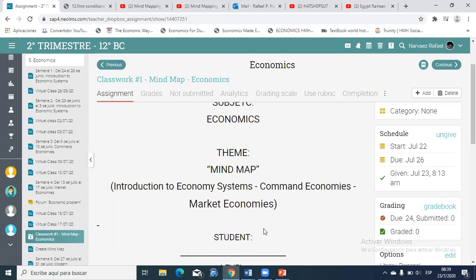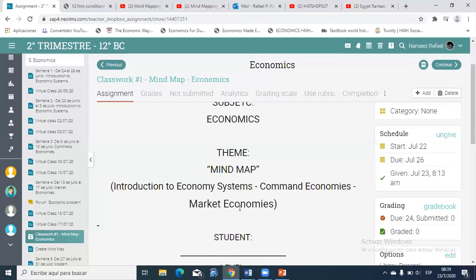And the last topic that we haven't finished, tomorrow we'll finish, is the market economy. We introduced it with the first part of this PowerPoint, where we talked about the features of this market economy, basically 5 features.